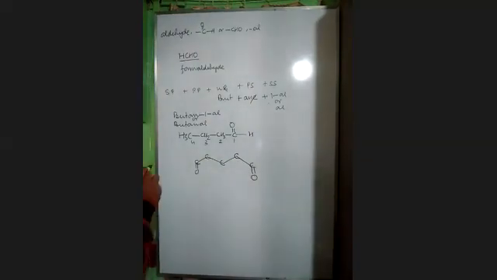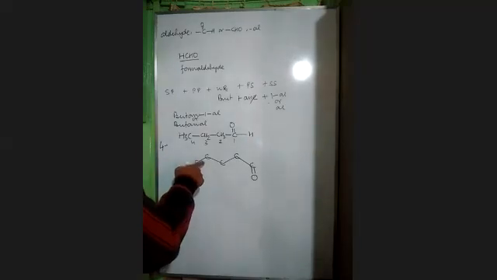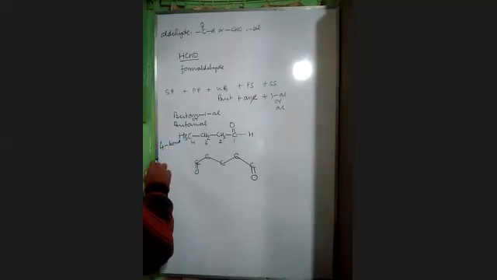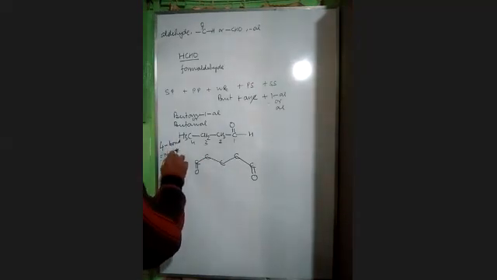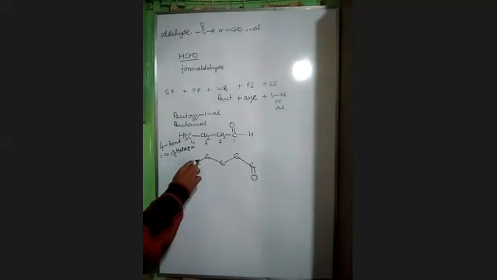Then how to find out the number of hydrogen? Number of hydrogen, what you do? We subtract the bond. You subtract the bond, this is the number of hydrogen. See here, how many bonds are here? 1, 2, 3. 4 minus 3 is 1.